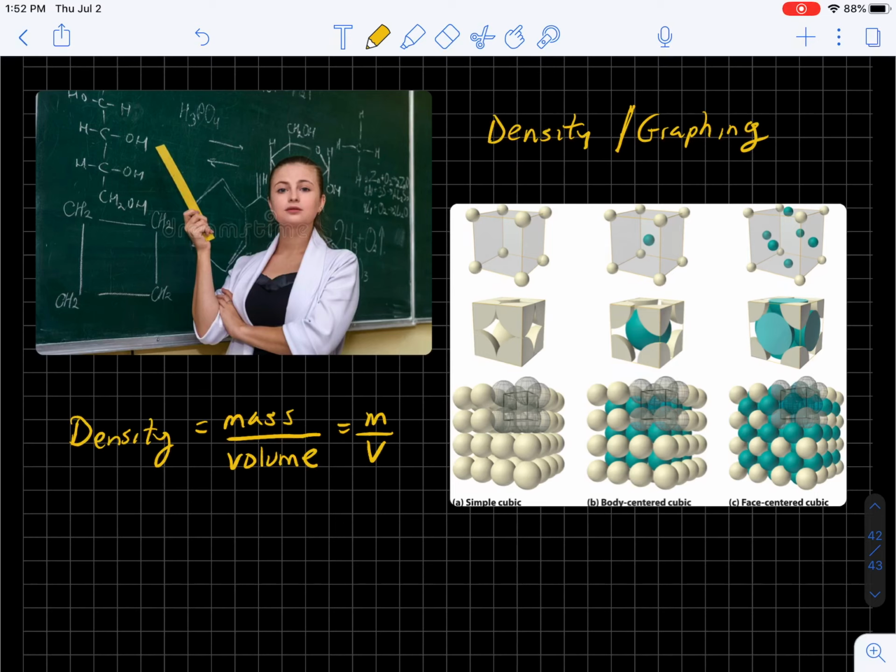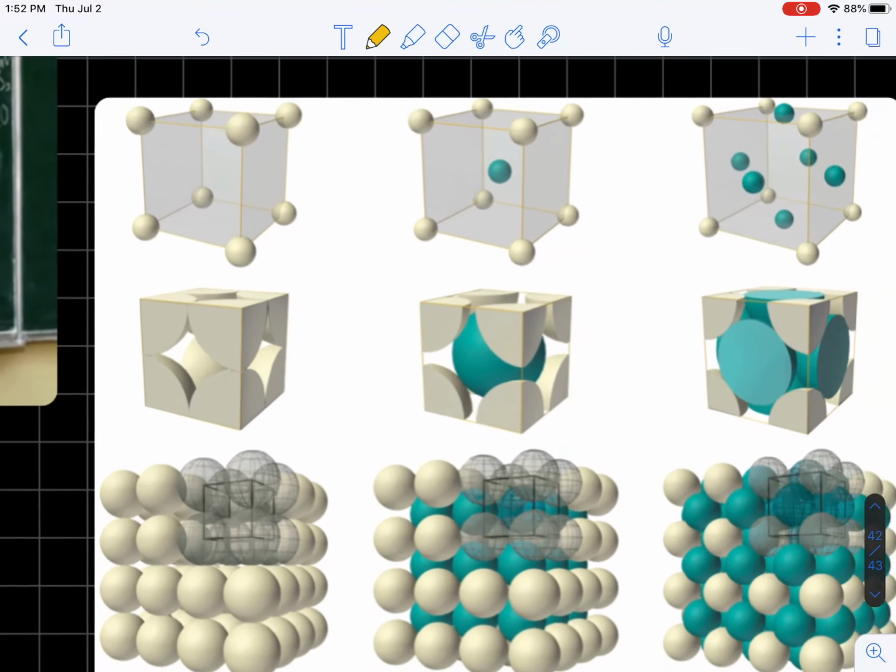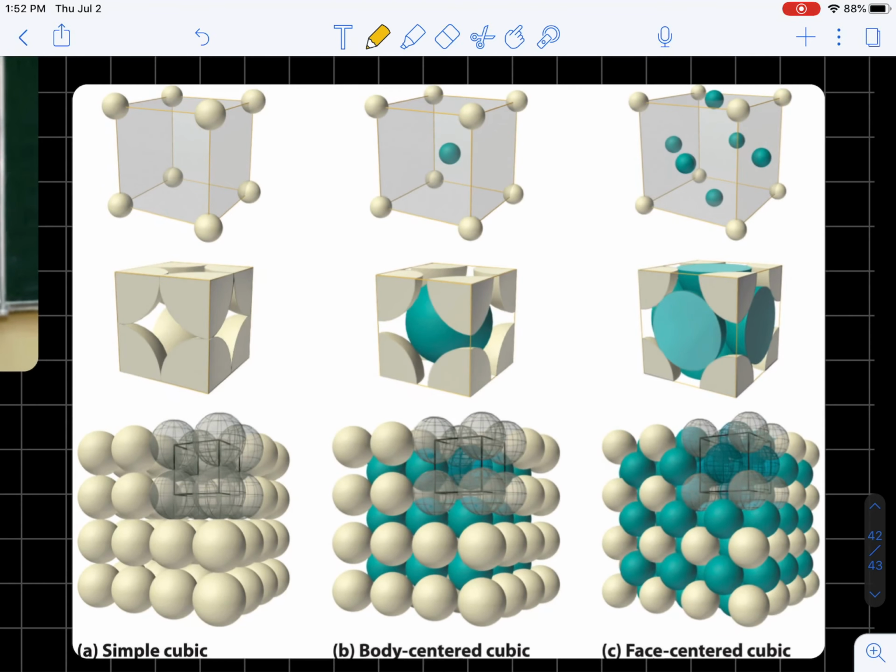So again, there's two things that determine density. One, the nature of the atoms. Are they high density atoms? Two, how are they stacking together? And in this diagram, I'm only showing you three of quite a few different ways that these things can stack together.